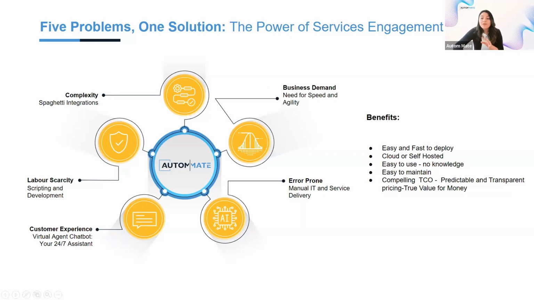To overcome these challenges, companies should use a unified platform that can integrate all of their systems and data. This enables them to make better decisions, improve efficiency, and provide a better customer experience.